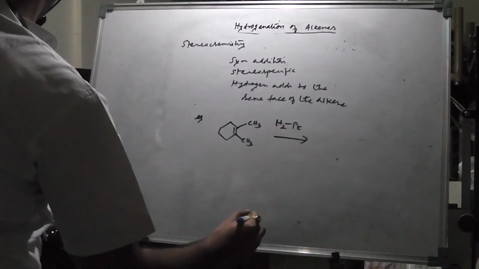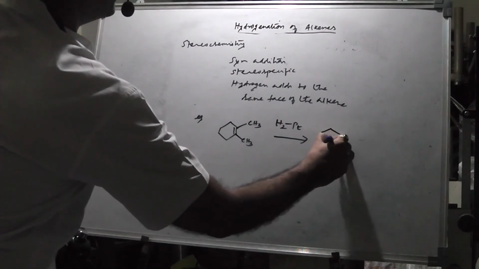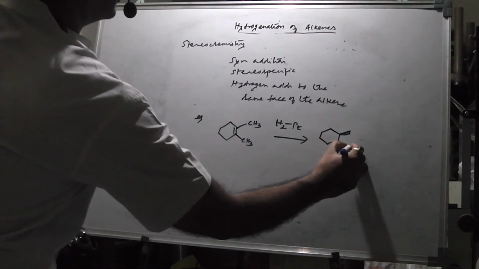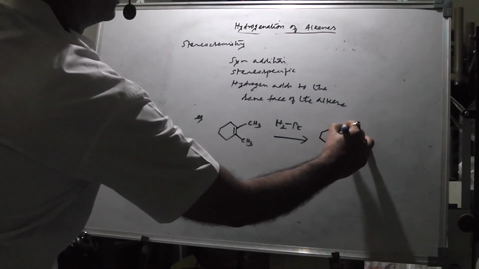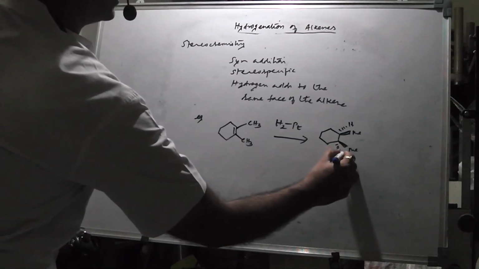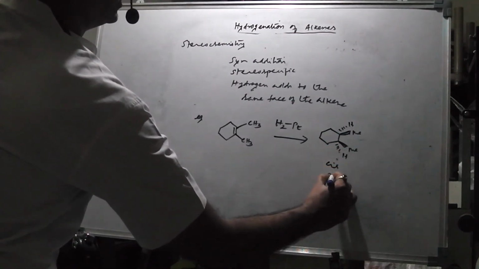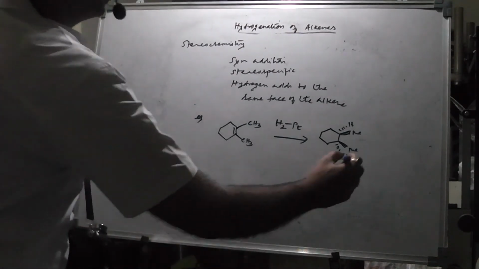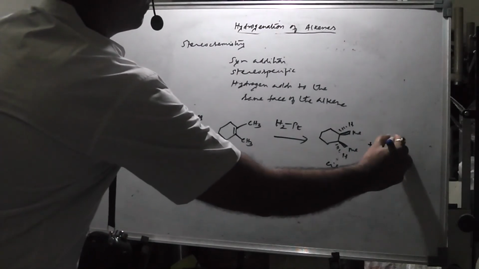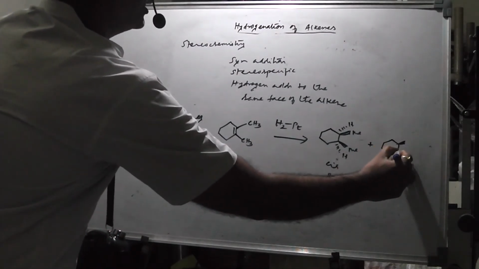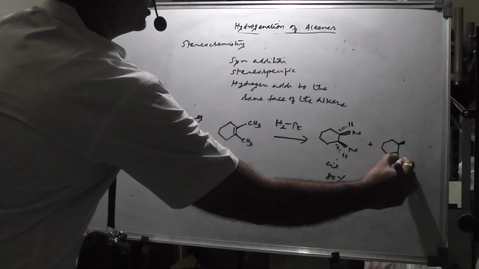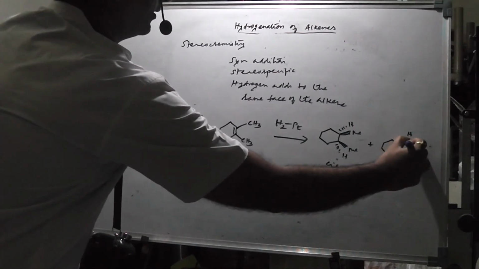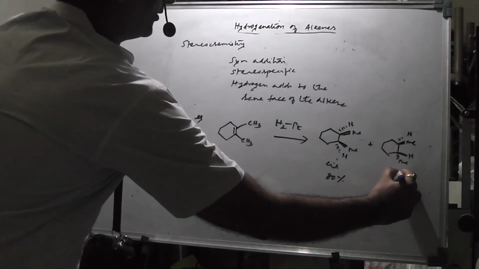Hydrogen and platinum upon reduction give the cis product in 80%, cis-1,2-dimethylcyclohexane, and trans is forming in 20%.